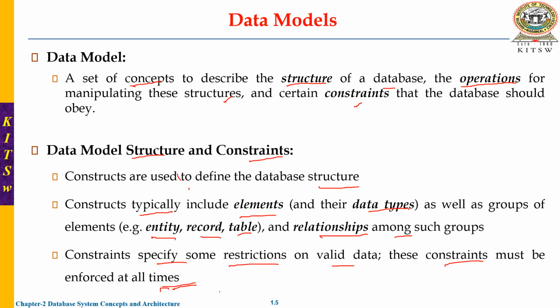For example, when you are entering a student database with student name, student roll number, and marks 1, marks 2, marks 3, there must be a constraint: the roll number must be unique, and one roll number cannot be given to other students. This is one constraint, that is, one rule. So this comes under data model structure and constraints.